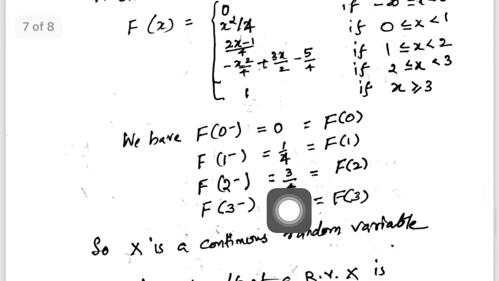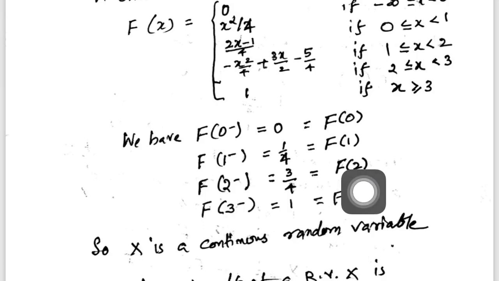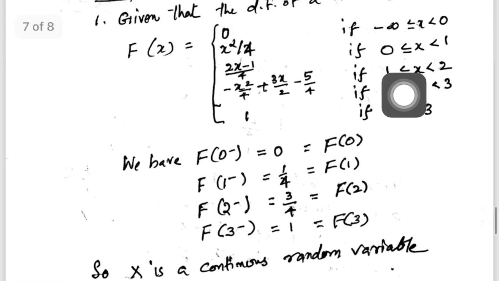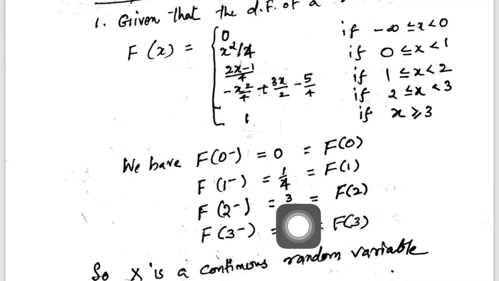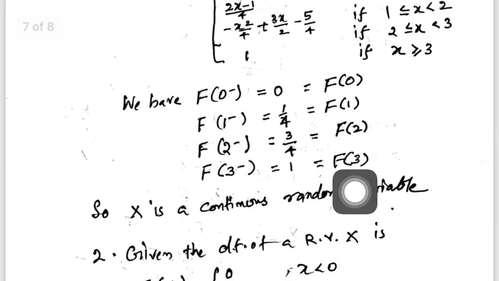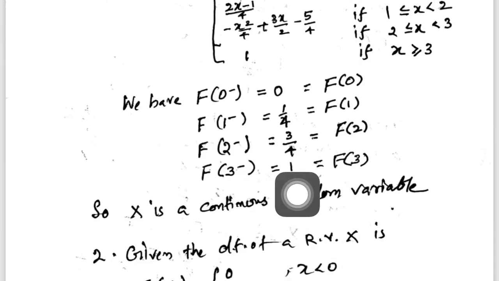Right. And again you compute F(2-) and F(2). When you compute F(2-), you use the third formula, and you see that F(2-) is equal to F(2), both are 3 by 4. And similarly, F(3-) and F(3) are both 1.